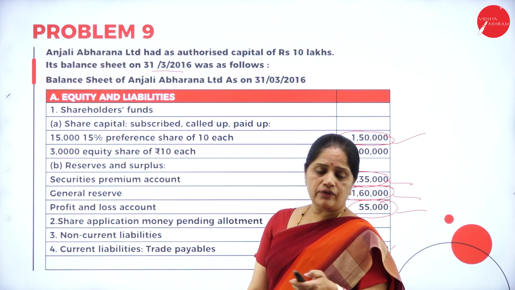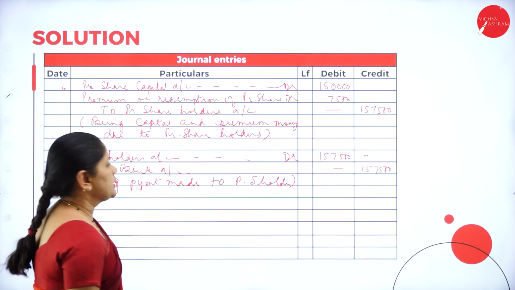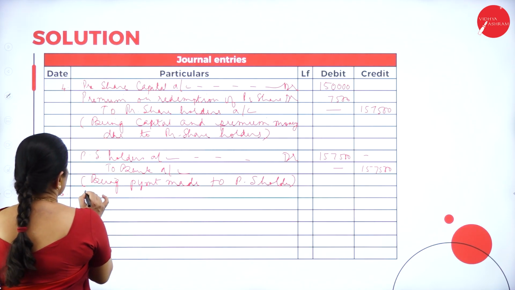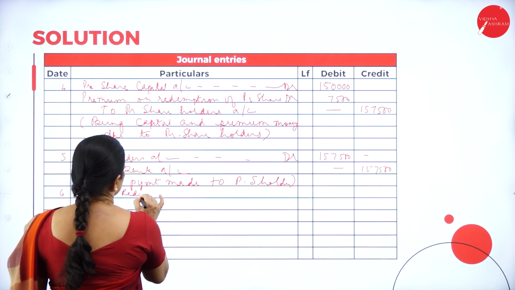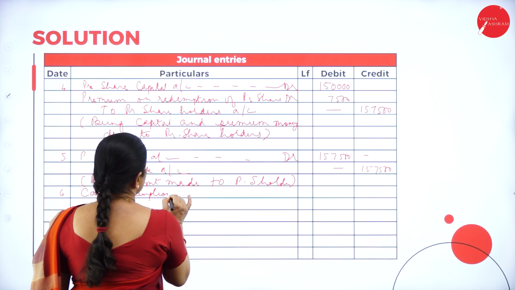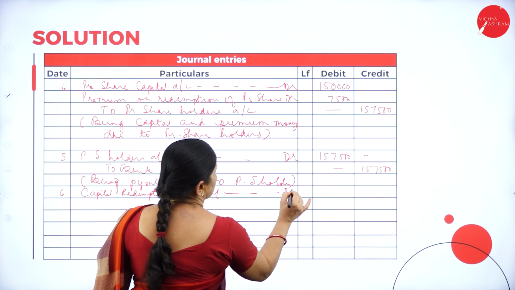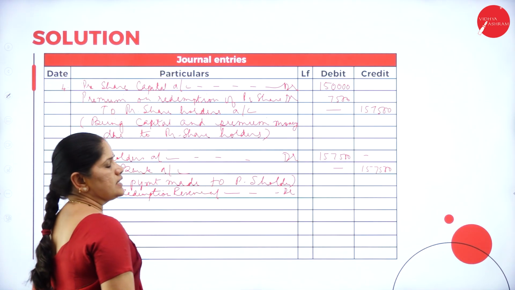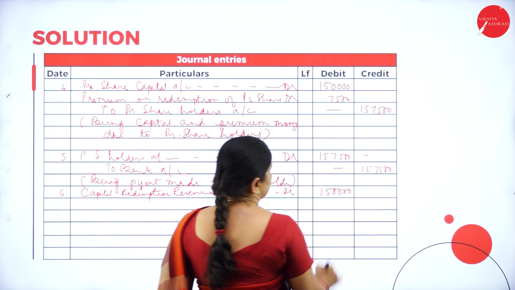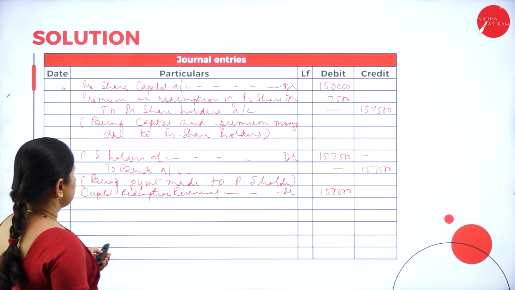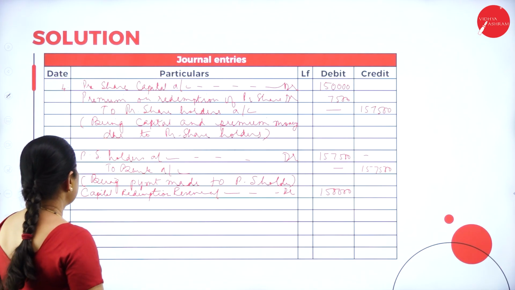For the issue of bonus shares, there is one entry here. Capital redemption reserve account debtor 1,50,000. See, we have the capital redemption reserve here, 1,50,000.